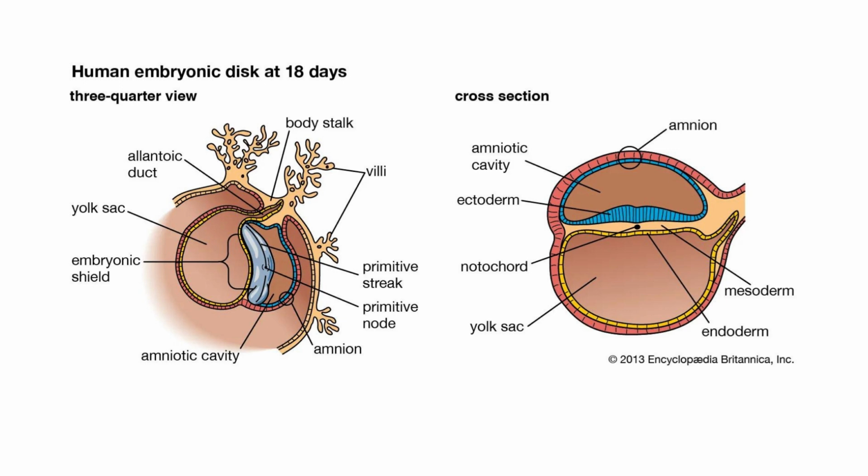In the human embryonic disc, at 18 days, this is what it looks like. Embryonic acquisition of external form, development between the second and fourth weeks. At the end of the second week, the embryonic region is a nearly circular plate within its well-embedded, differentiating chorionic sac.